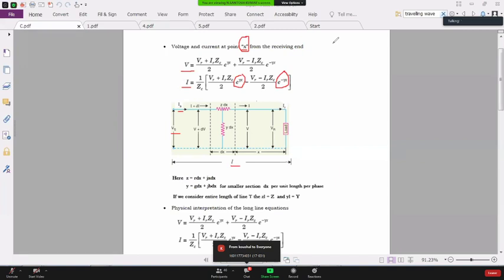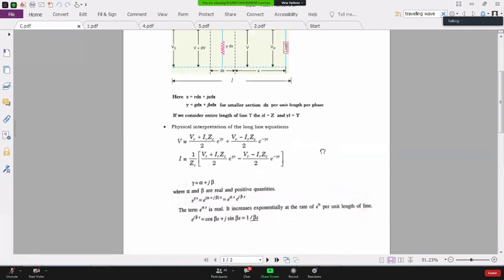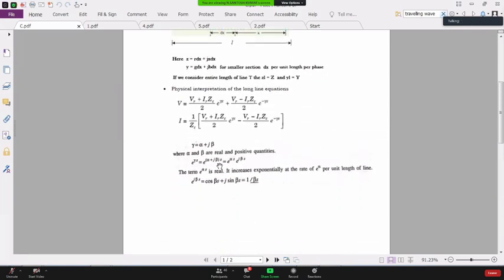Before proceeding further, let us check these equations. I have written the equations and diagram here just to give you a clear understanding. Now, yesterday I said, first you tell me what is ZC in terms of impedance and admittance.